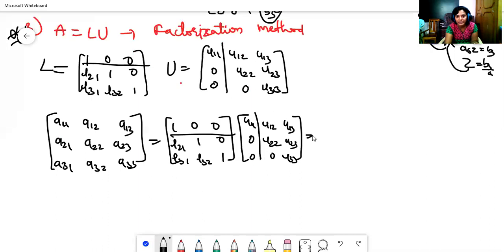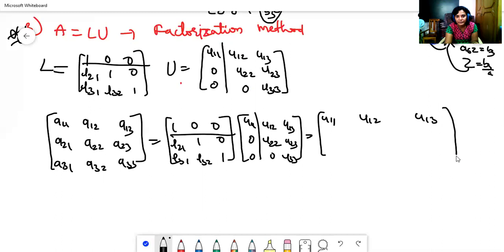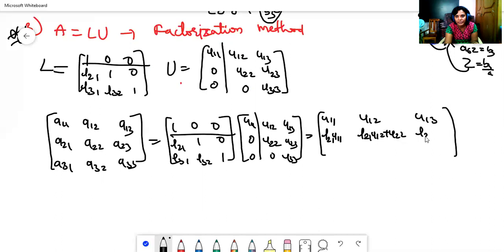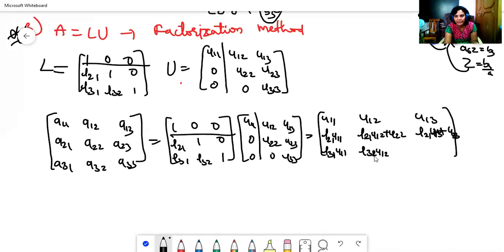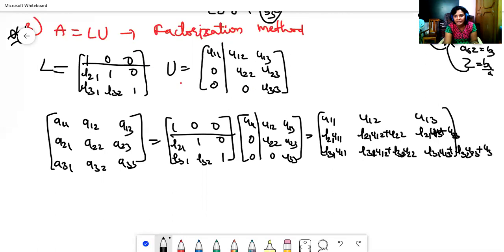The product gives U11, U12, U13; L21 U11, L21 U12 plus U22, L21 U13 plus U23; L31 U11, L31 U12 plus L32 U22, L31 U13 plus L32 U23 plus U33.